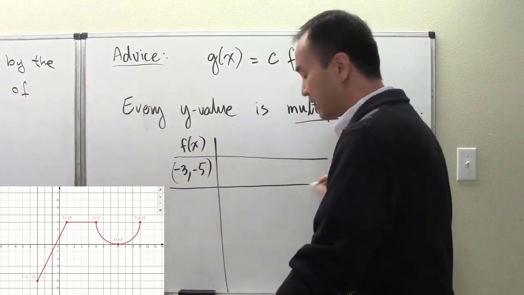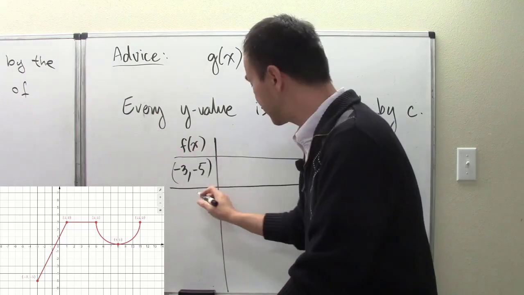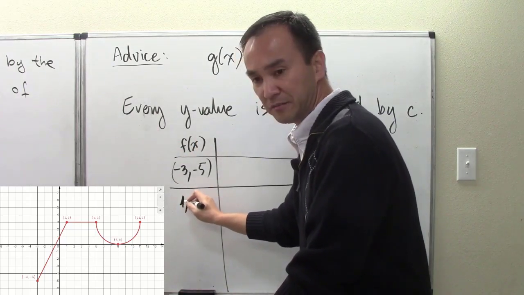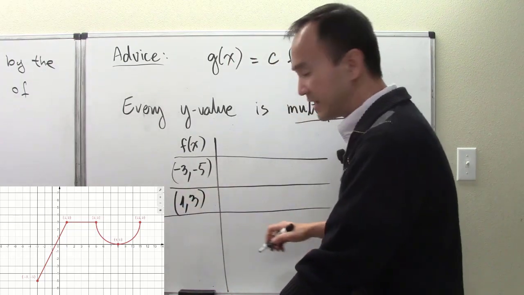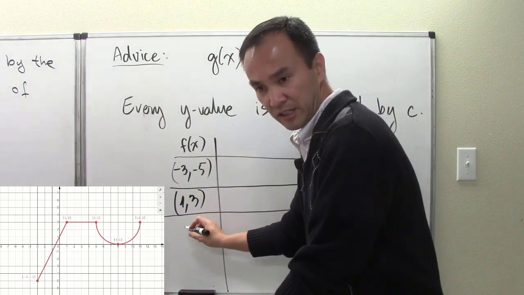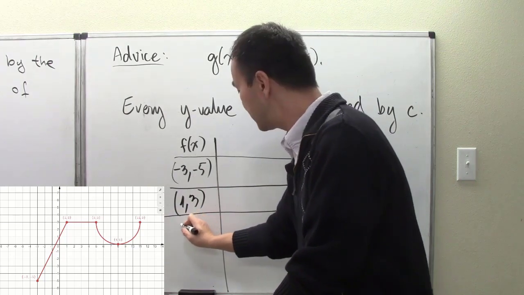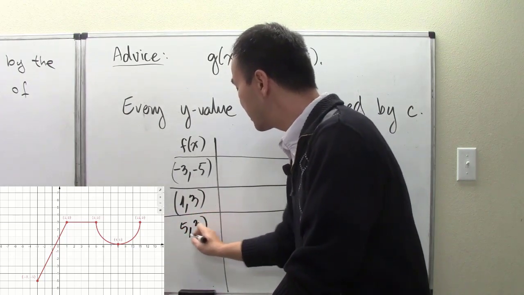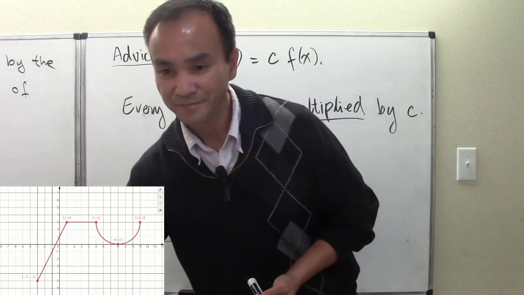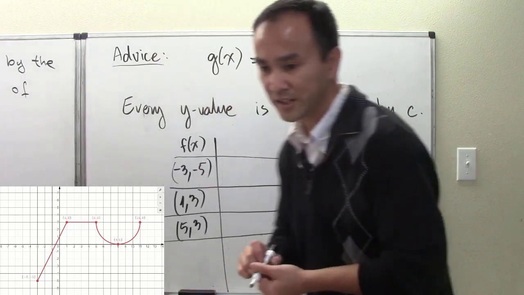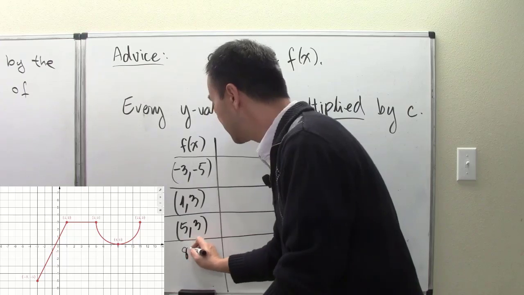The next point to the right is (1, 3). Then the next one is (5, 3). And the next one is (8, 0).